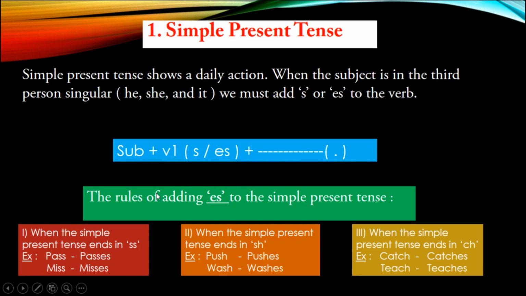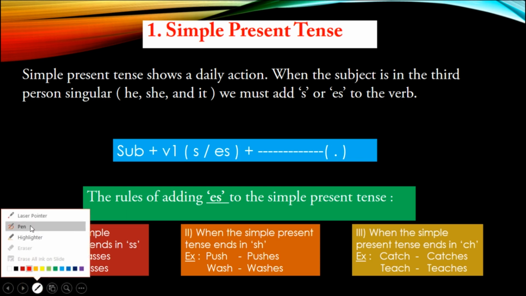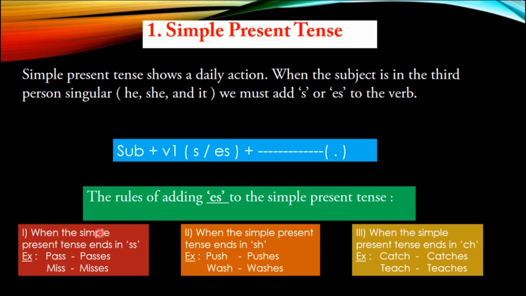Okay, good. The rules of adding es to the simple present tense. Some students have a doubt about when we need to add s or es to the simple present tense. Let us check the rules of adding es.